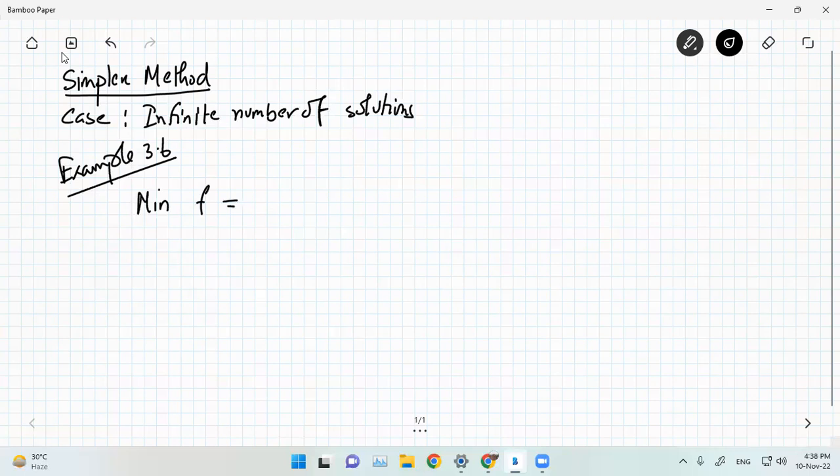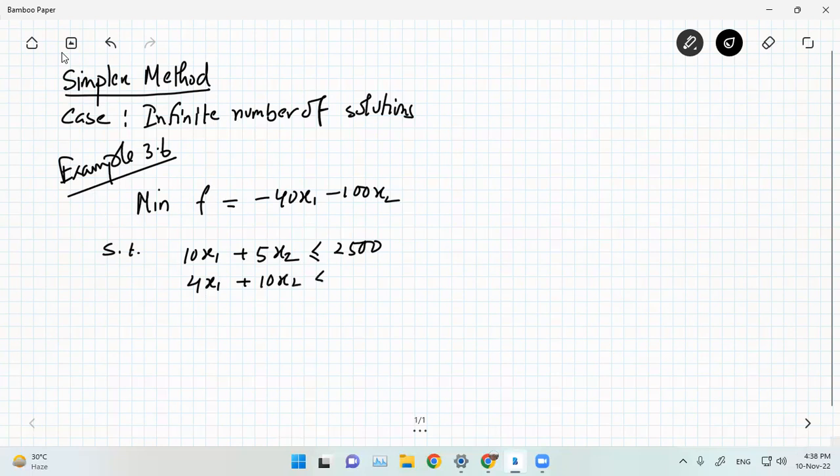Minimize f, which is minus 40x1 minus 100x2, subject to the inequality constraints: 10x1 plus 5x2 smaller than or equal to 2500, then 4x1 plus 10x2 smaller than or equal to 2000, and 2x1 plus 3x2 smaller than or equal to 9000.